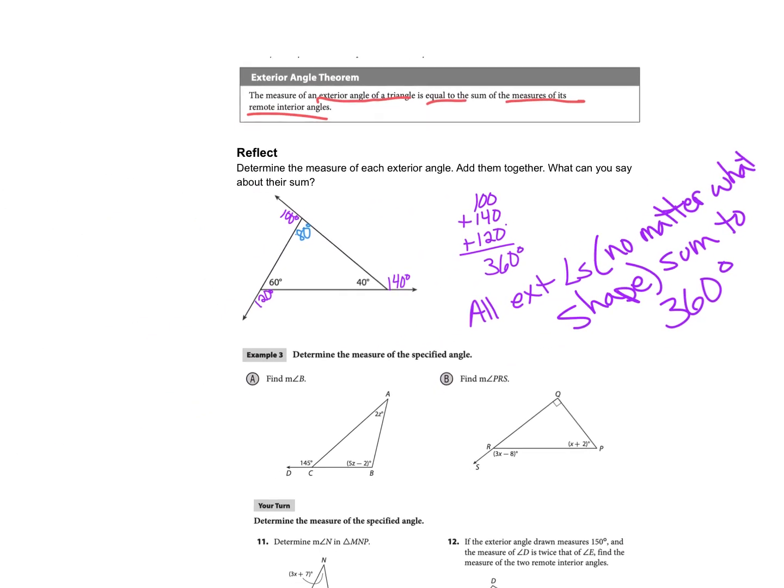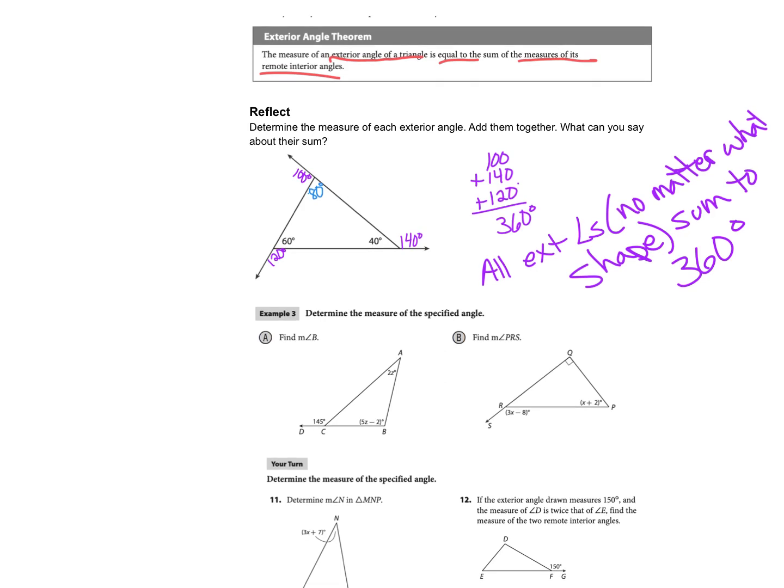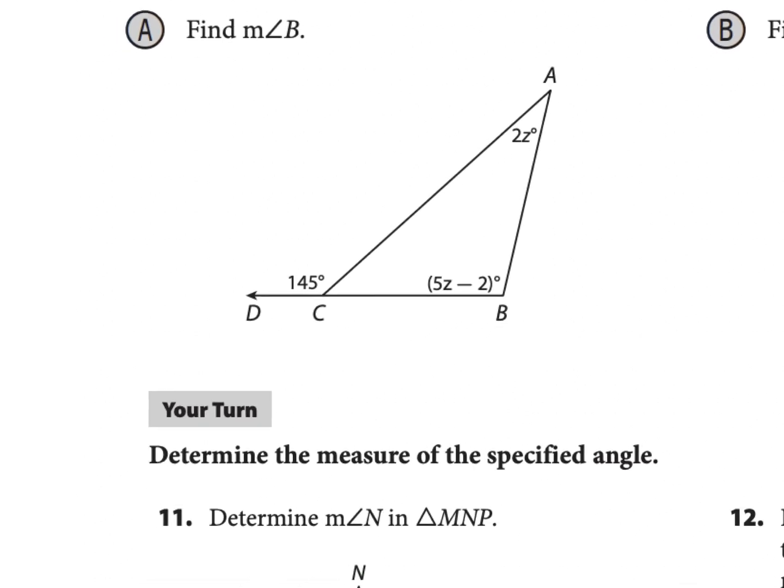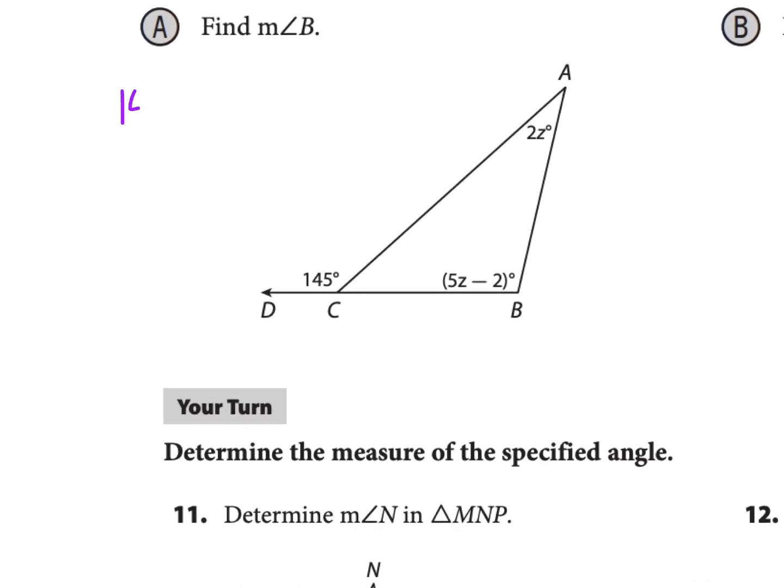Octagon, triangle, you name it, whatever it happens to be. All the exterior angles add up to be 360 degrees. Okay, so an exterior angle equals the sum of the remote two interior angles.